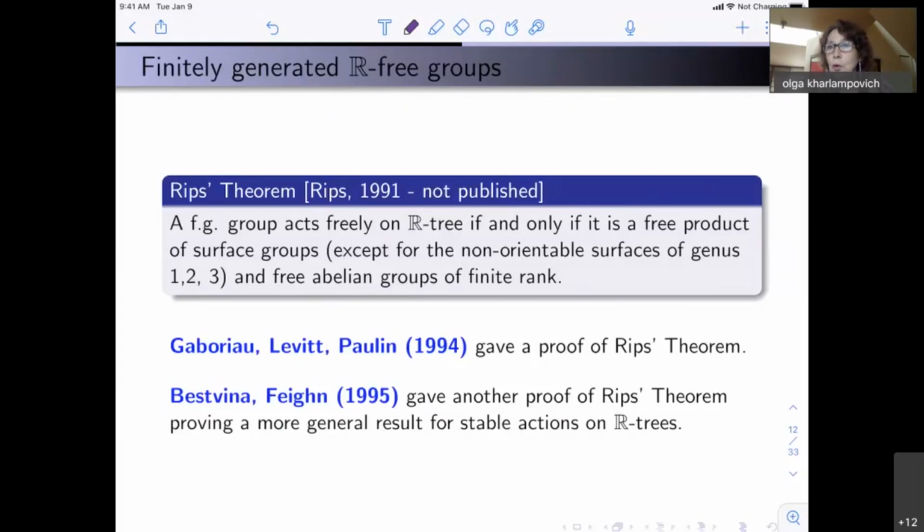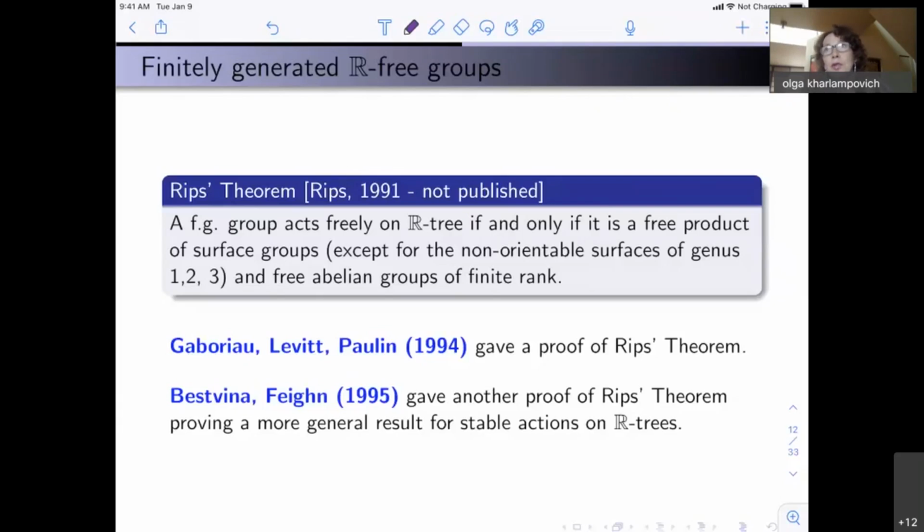What is also interesting about Rips's method and what was used here: this is now called Rips machine. But actually Rips machine is the same thing as the Makanin-Razborov process, which solves equations in a free group. As I said before, these things are very similar in nature: actions on R3s and solving equations in a free group.